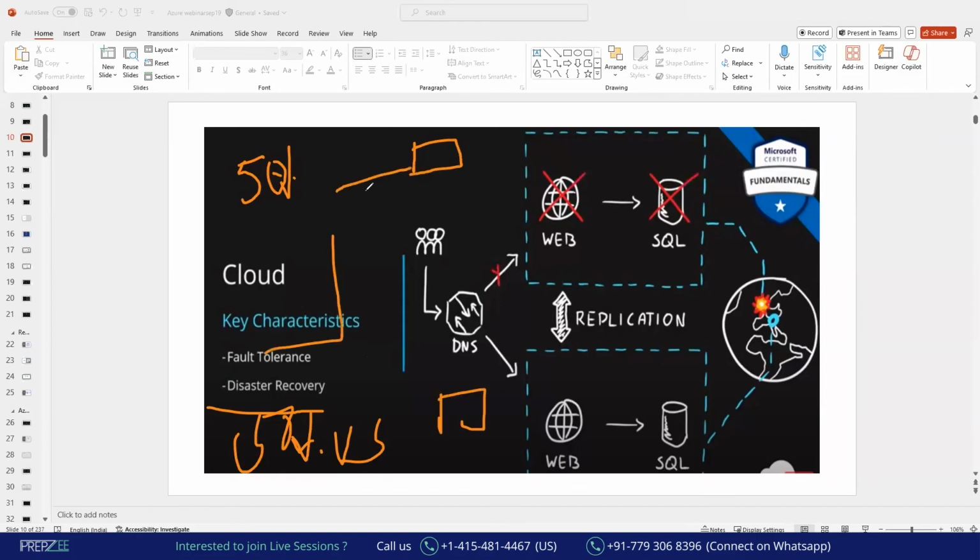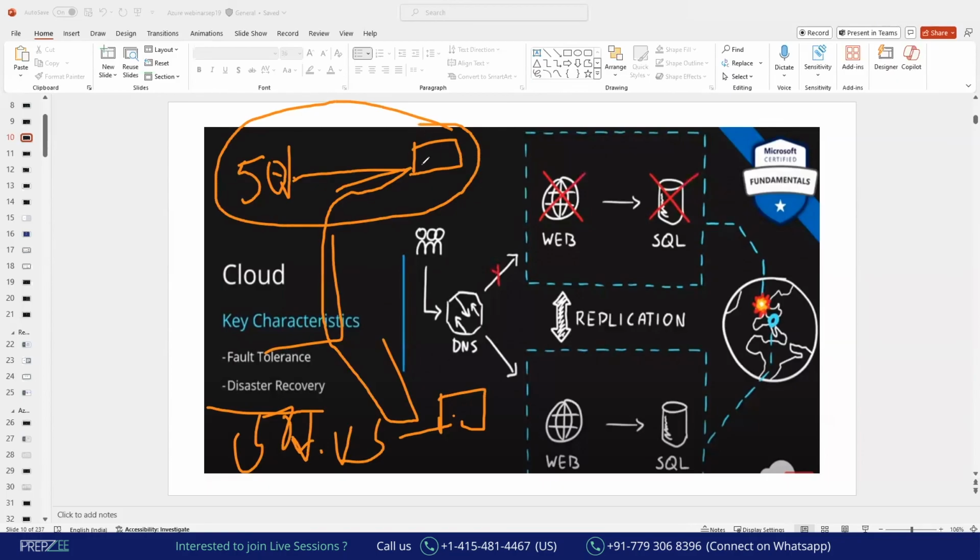and I will make sure Indians connect to Indian systems and the US connects to US systems, which is good because Indian systems are located very near in the map. For a person in India to access a resource in the US, it takes a lot of time. Imagine the request and response, how much network bandwidth it takes. If a resource is deployed in India, they can easily access it, which is good.